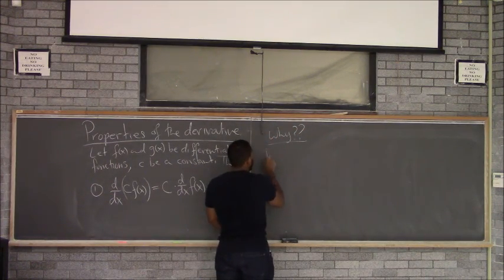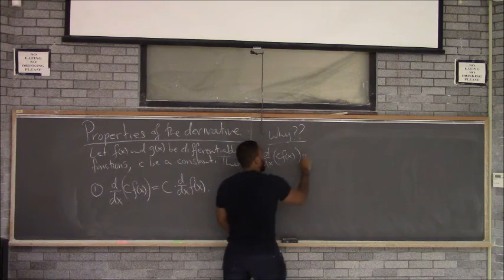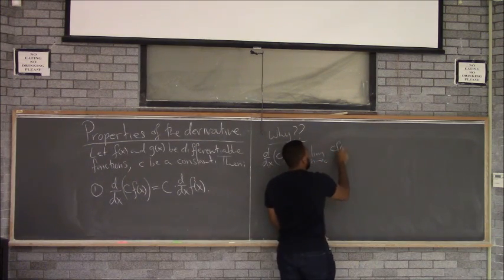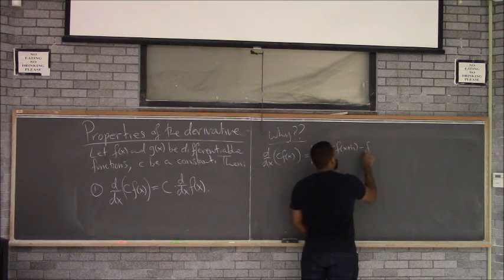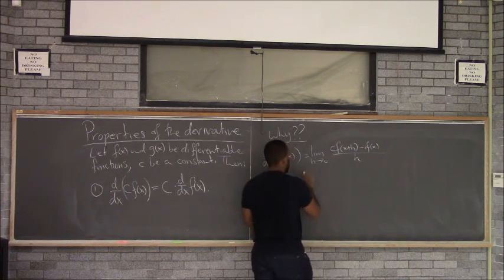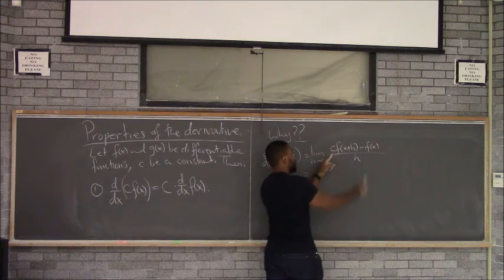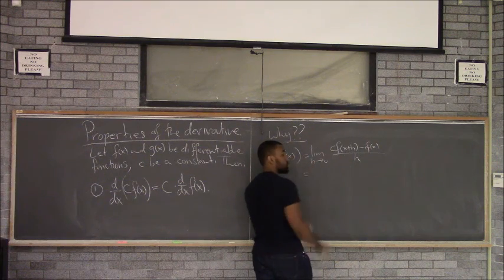Well, if I take the derivative of a constant times f of x, that's just the limit as h approaches 0 of c times f of x plus h minus c times f of x all over h. Limits we know have this rule: you can factor out common factors from a limit.